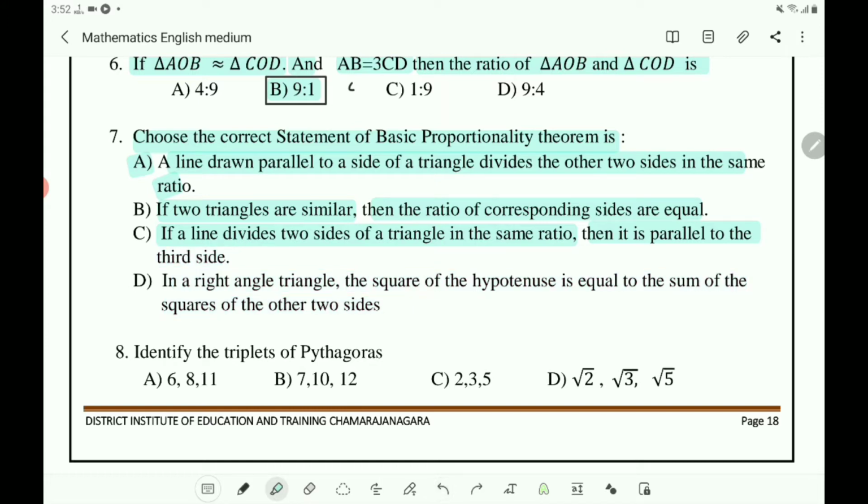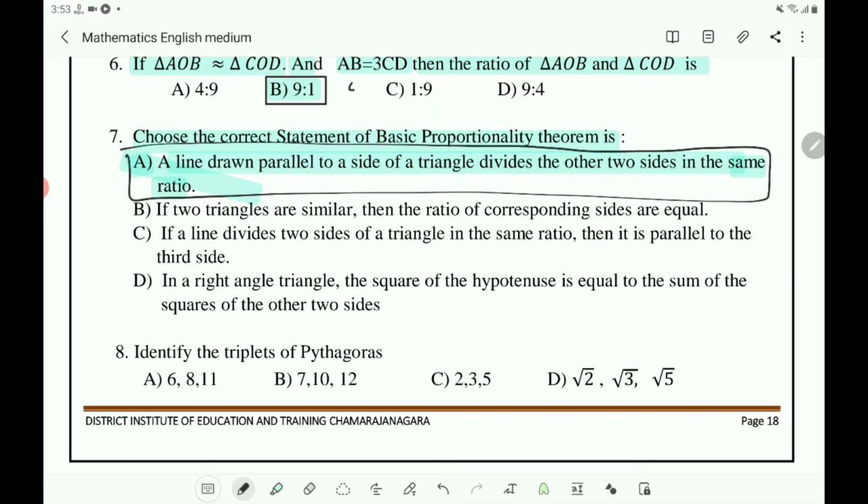Here you know that the last one, D, is the Pythagoras theorem and C is the converse of the Thales theorem, and B is, if two triangles are similar, then the ratio of corresponding sides are equal. That is the property of similar triangles. So here you can choose A as the answer. A line drawn parallel to a side of a triangle divides the other two sides in the same ratio. So you note down the answer, option A.